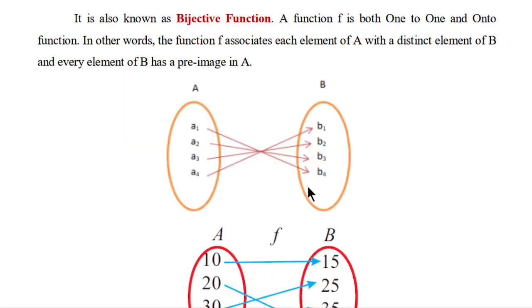Consider an example. Here each element of set A is mapped with a distinct element of set B, so it satisfies the one-to-one function. And also every element of set B is mapped with elements of set A, so it also satisfies the onto function. So it is called a bijective function.